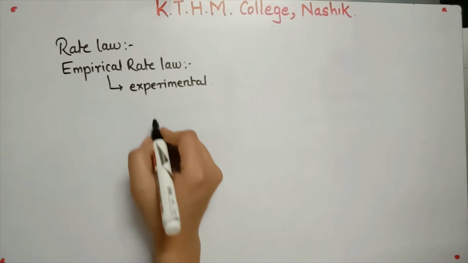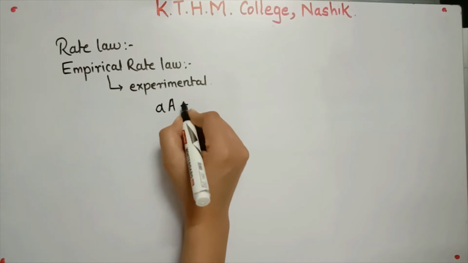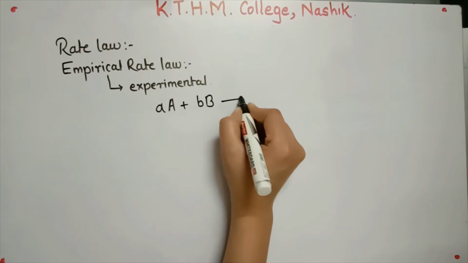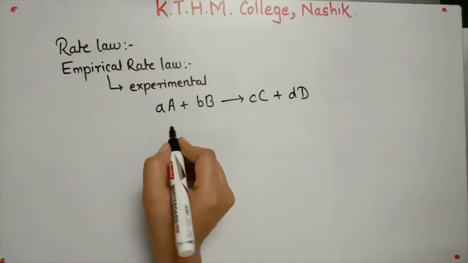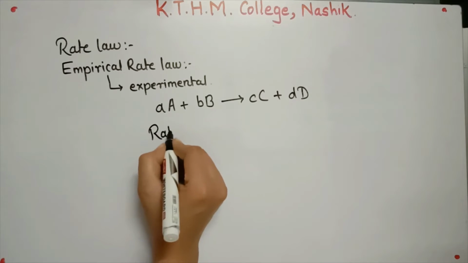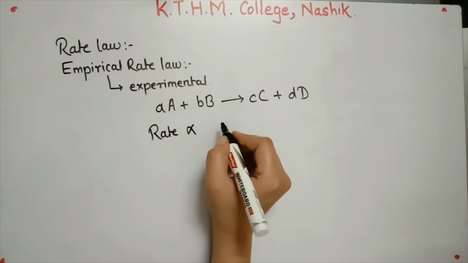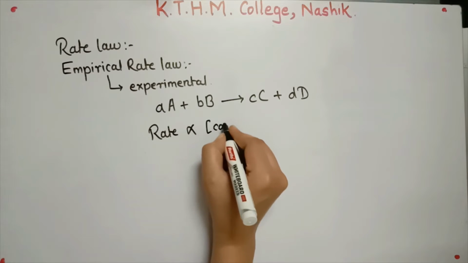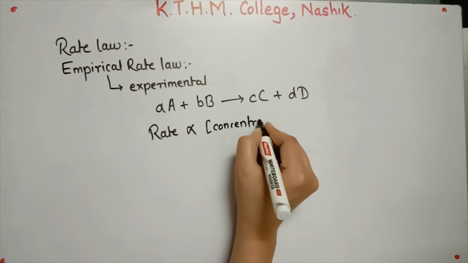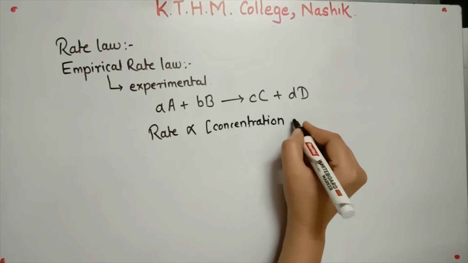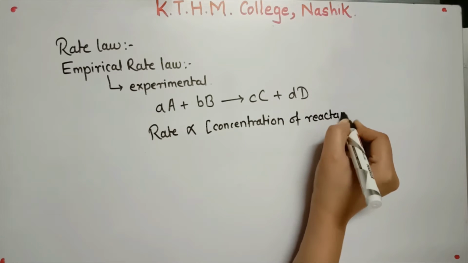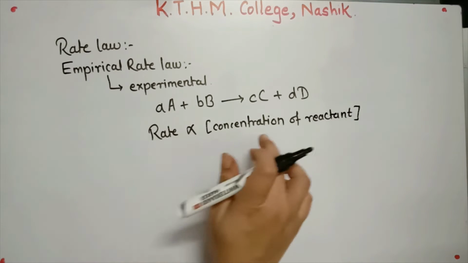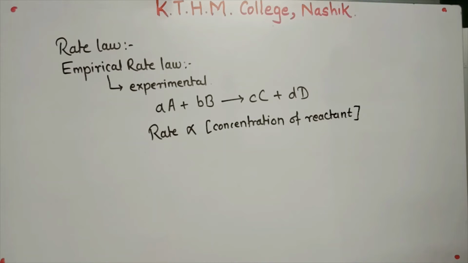So here we will take one example: A plus B gives C plus D. Okay. So in the rate law, the rate is expressed in terms of concentration of reactant.